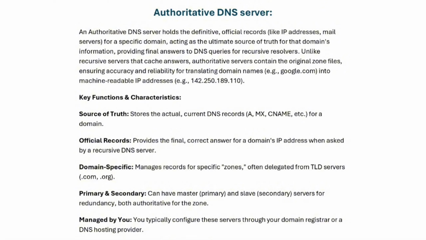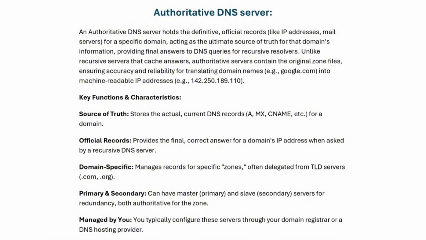Unlike recursive servers that cache answers, authoritative servers contain the original zone files, ensuring accuracy and reliability for translating domain names, for example google.com, into machine-readable IP addresses. Example, 142.250.189.110. So this authoritative DNS server has the exact official records for every piece of information, like IP addresses and mail servers for our specific domains.